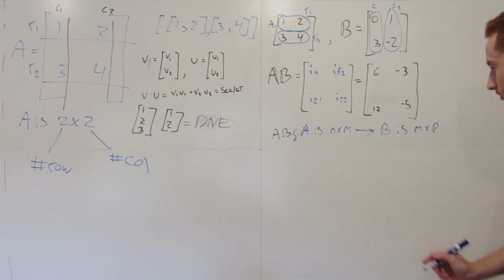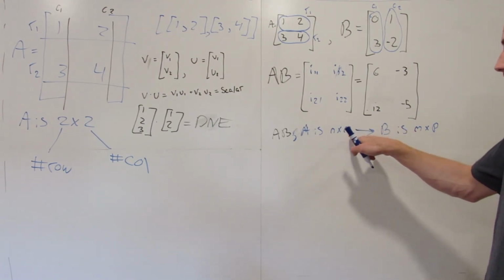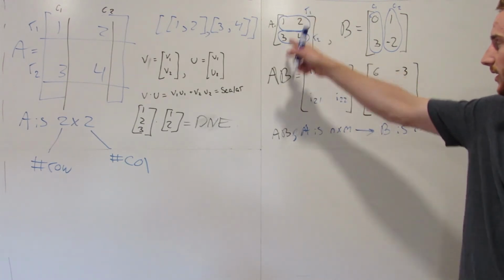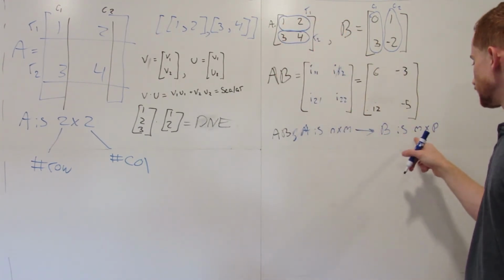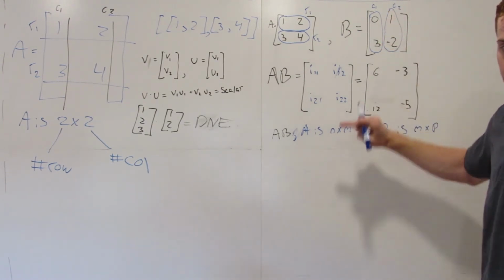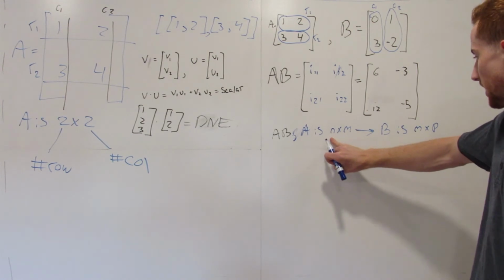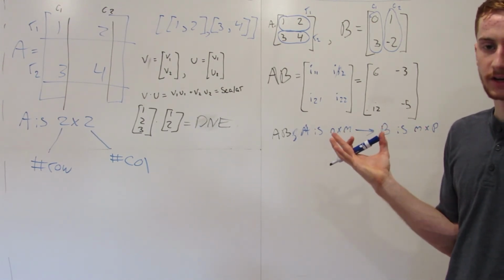So this just says the amount of columns that A has, meaning the amount of elements in each row, has to be equal to the amount of rows in B, otherwise the amount of elements in each column. And then you'll notice here that this N and this P are just kind of left sitting.